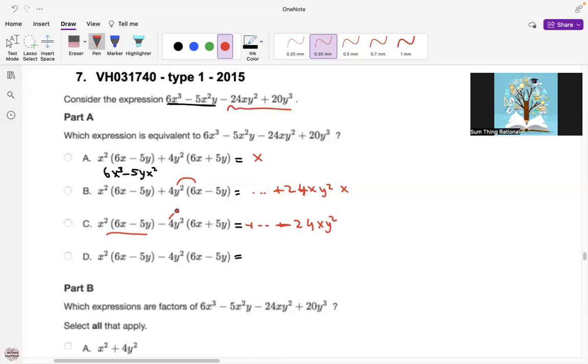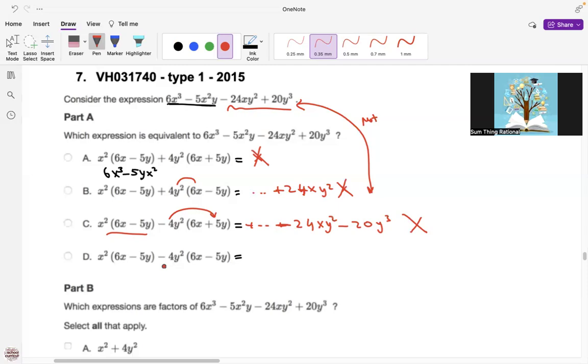When I see negative 4y squared and positive y, I have negative 20y cubed, but here it is positive. They are not the same, so this also fails the test. Let me write a big capital cross. So this failed, this failed, this failed. Only one option is remaining, which means I think this is the answer.